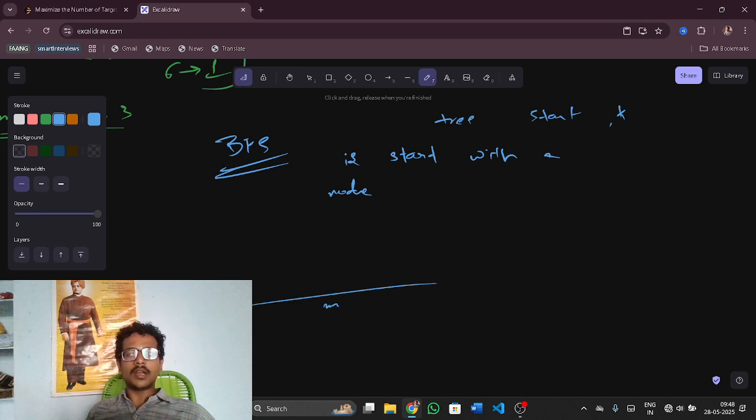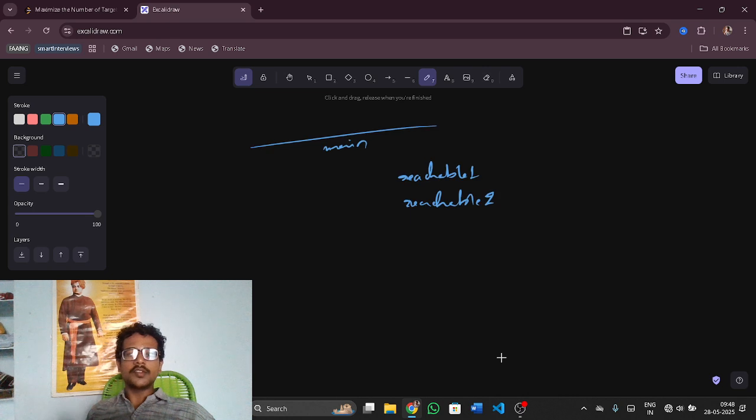So in the main algorithm, we'll be taking two vectors, reachable of 1 and reachable of 2. These are for the two trees, right?